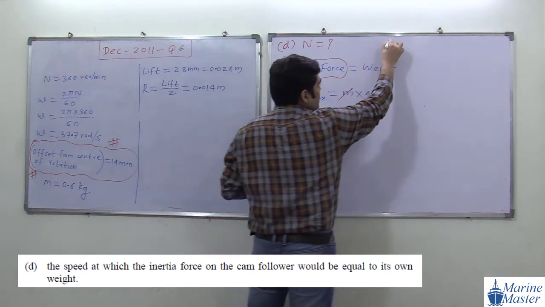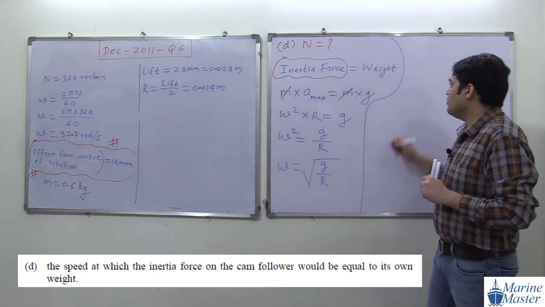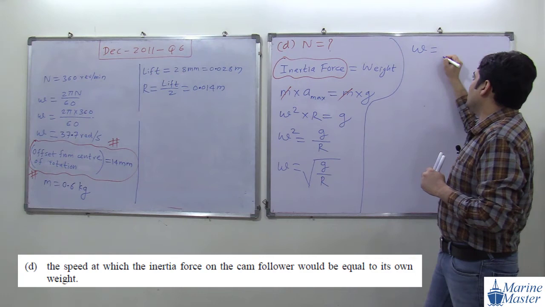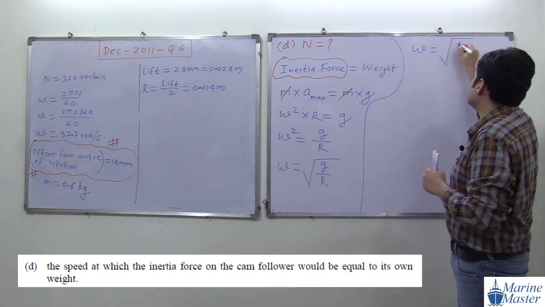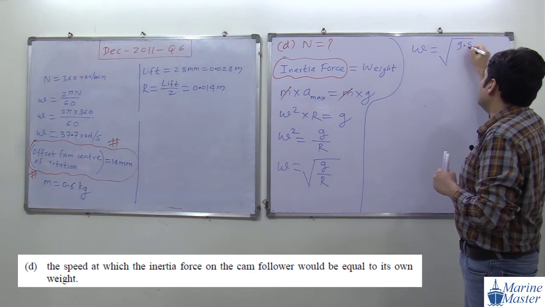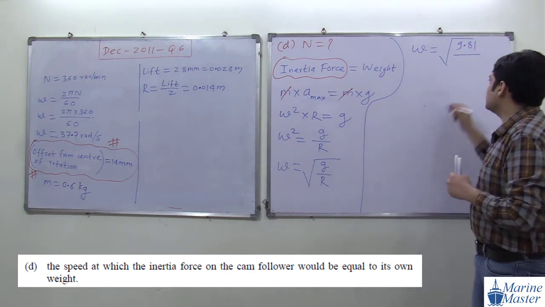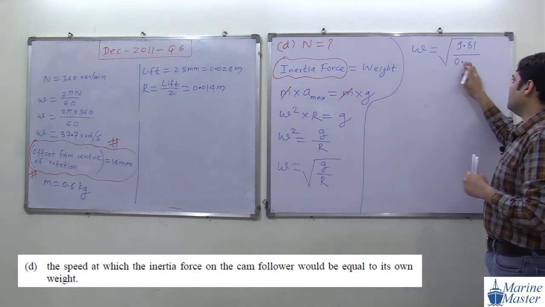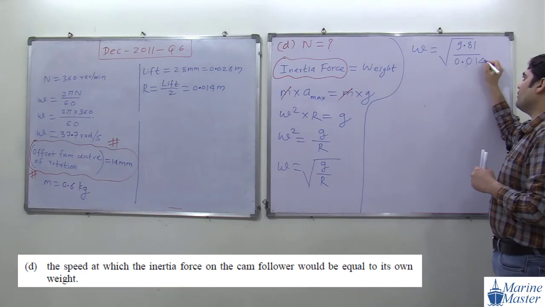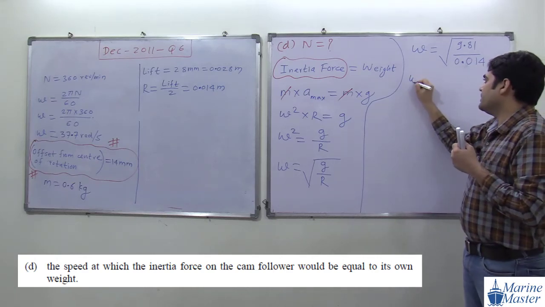Try to see the scenario here. Very simple discussion, not that difficult. So omega will become the square root of g divided by r. g is 9.81, and the value of r is 0.014.